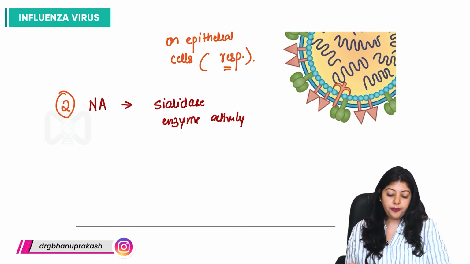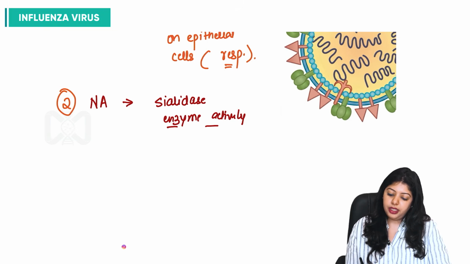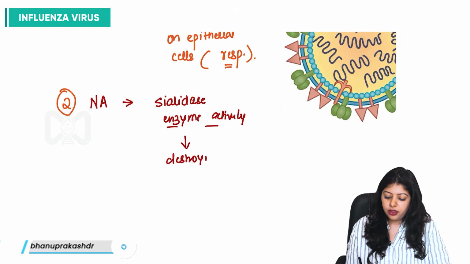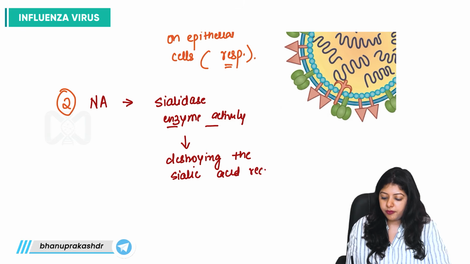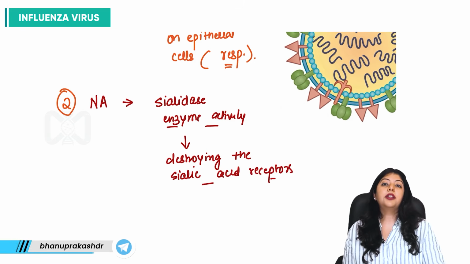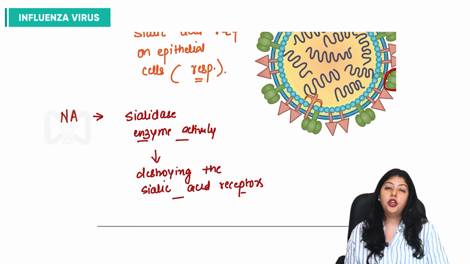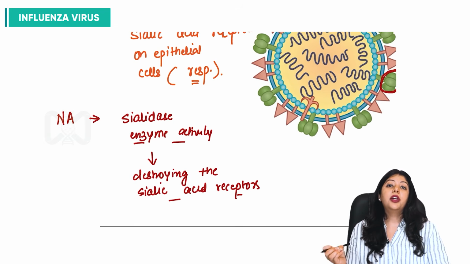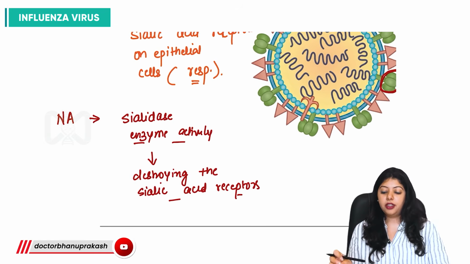So what is it doing? It is naturally destroying the sialic acid receptors, and further facilitating the virus entry and the destruction of different receptors and structures lying around.